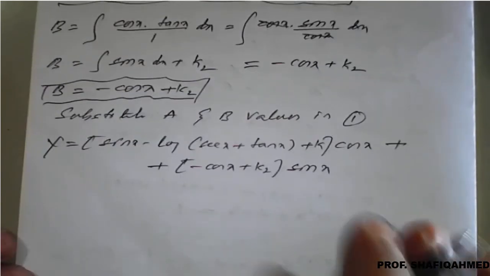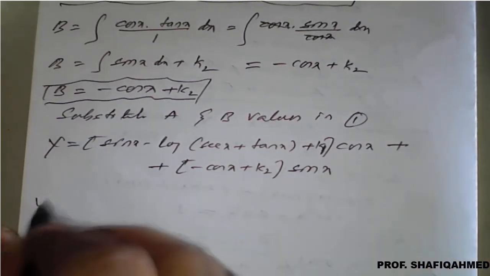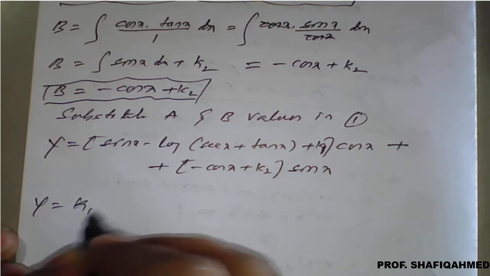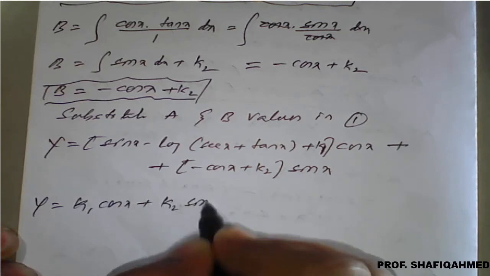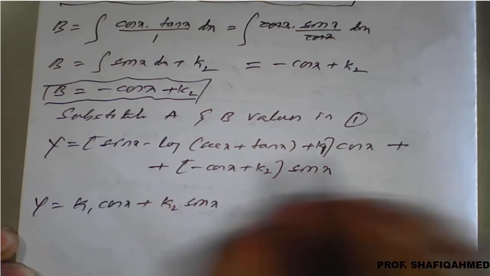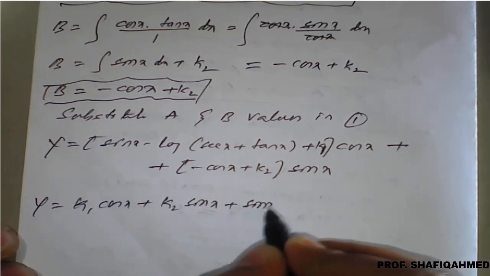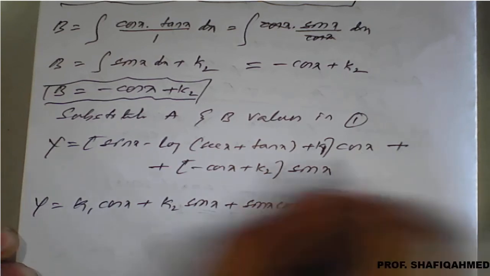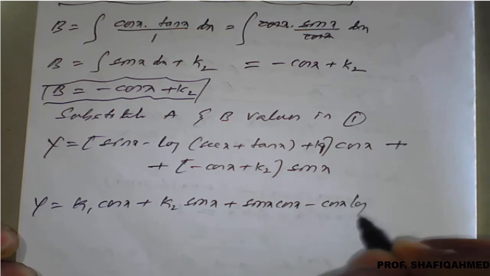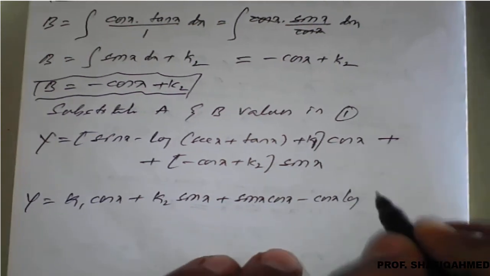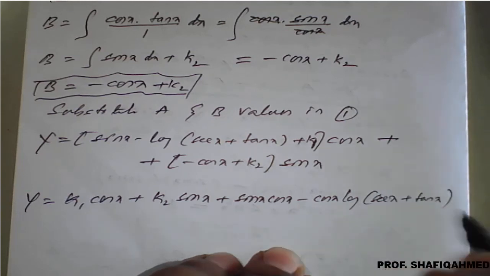On rearranging with k1 and k2, y is equal to k1 cos x plus k2 sin x, then the remaining ones: cos x into sin x, I will write sin x into cos x, and cos x into this term, that is minus cos x into log of secant x plus tan x.